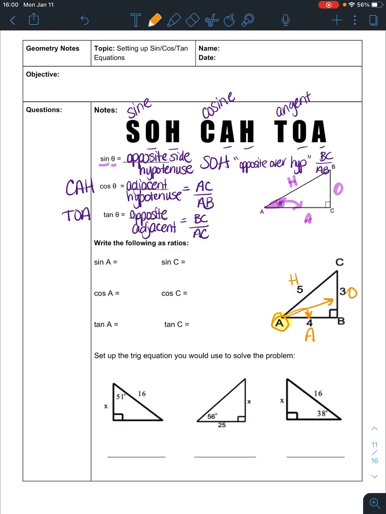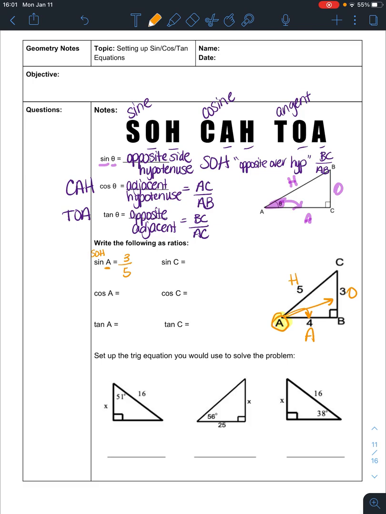I want to really point that out because when we change angles, it's going to change which one is opposite and which one is adjacent. So based on angle A, the sine of A, sine is SOH, opposite over hypotenuse. Compared to A, the opposite side would be 3 over the hypotenuse, which is 5. So the sine of A is equal to 3 over 5, and we will learn to solve that later.